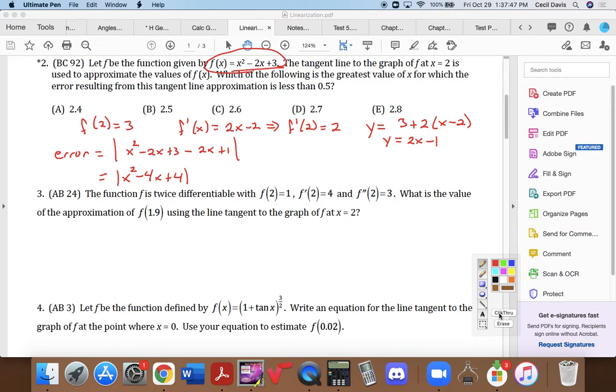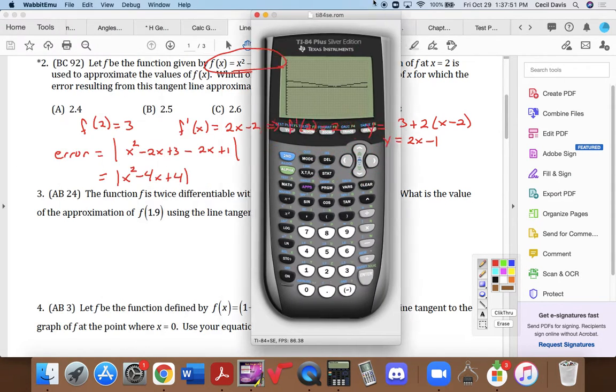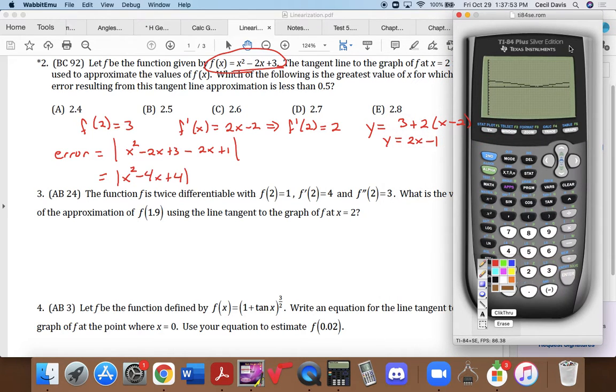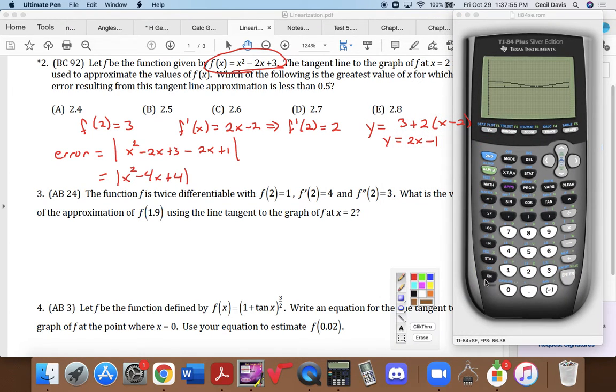All right, so I'm going to graph this error function. Get rid of these. I can never remember the other place where absolute value is. So x squared minus 4x plus 4.